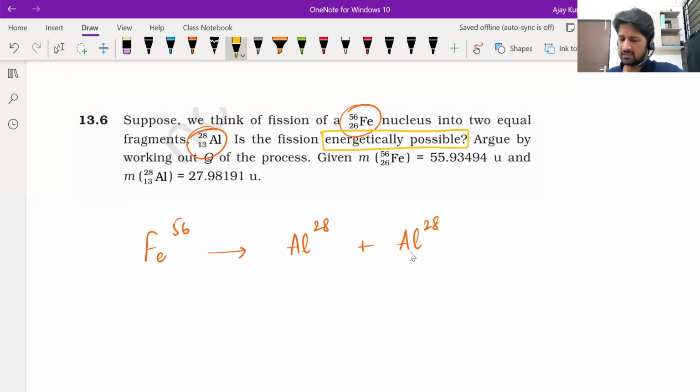So if they are asking you whether it is energetically possible or not, it means does this process give more stable products or not? Think about it. I think just by looking at their mass numbers, you can tell. What is the answer? Is this exothermic or endothermic? Does this release energy or require energy?